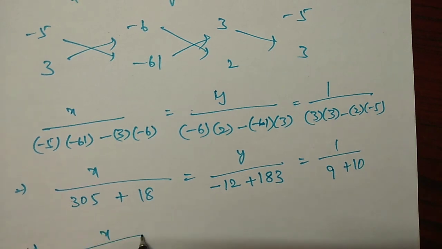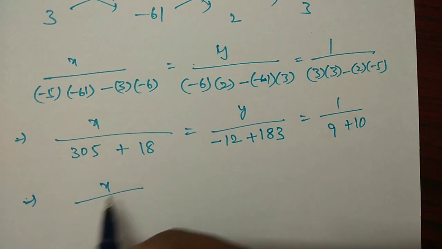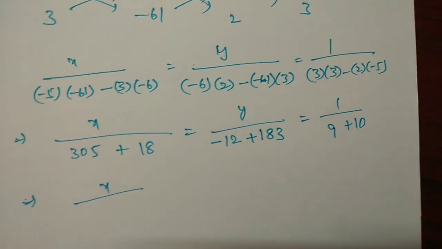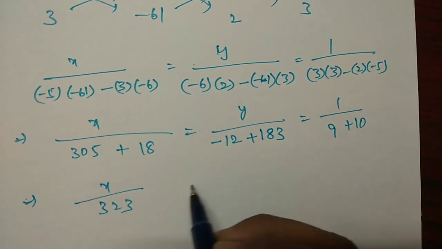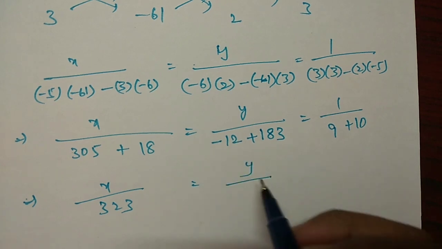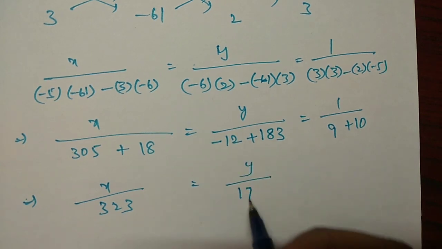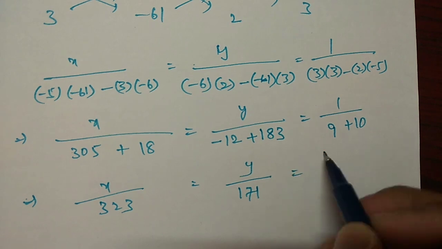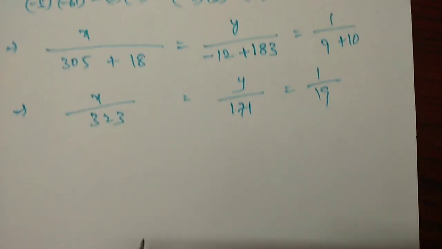That implies x by 323 equal to y by 171 equal to 1 by 19.